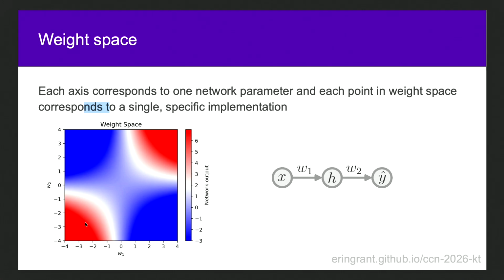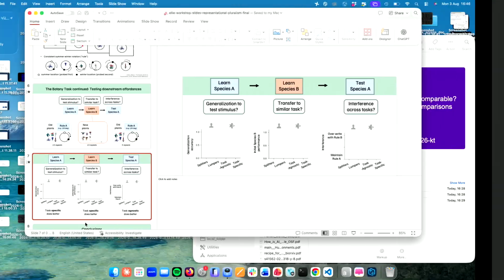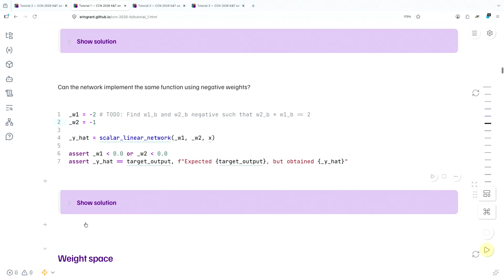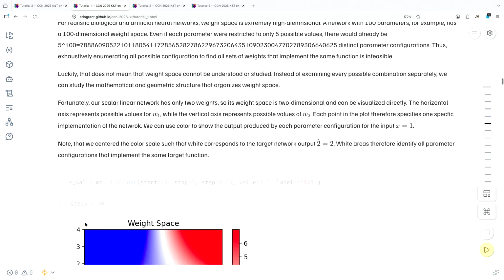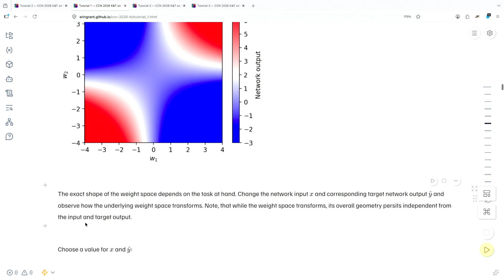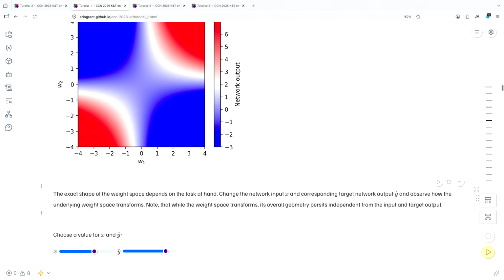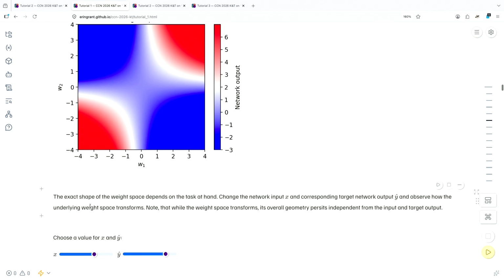So let's think a little bit more about this weight space, and to this end, I would now like to invite you to use the first interactive figure. If you scroll down a bit, you will have the weight space, and just below it, there are two sliders, and you can actually change the input and the network output.